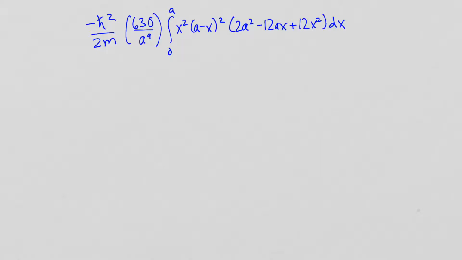So I'm going to show you a couple ways to evaluate this integral from this point on. One way is kind of old school, just brute force integration without using an integral table. Or there's a little bit of a shortcut if you have access to an integral table.